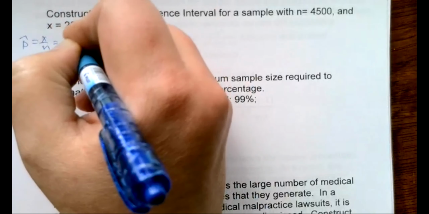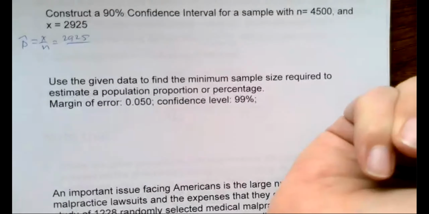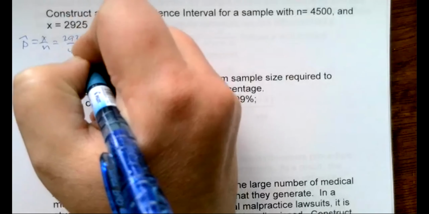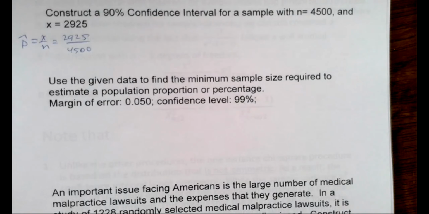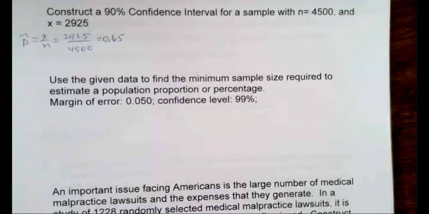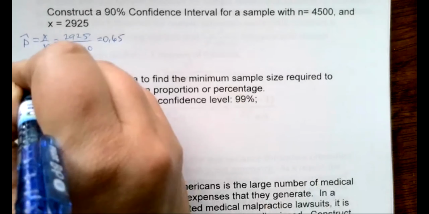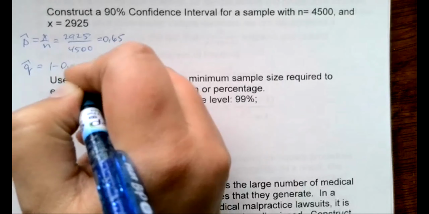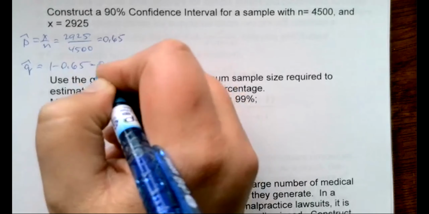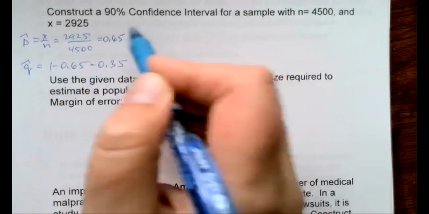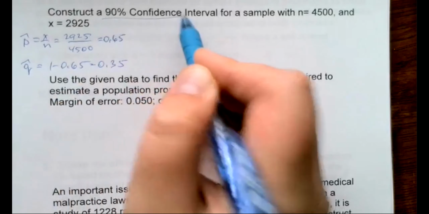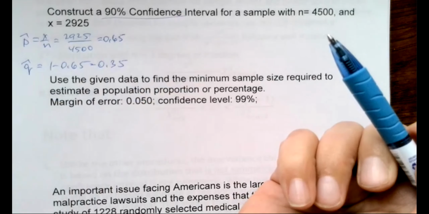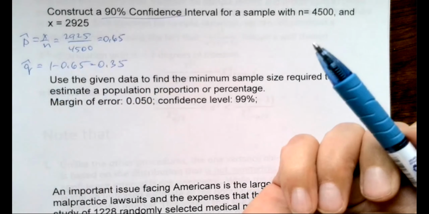So that's going to be 2925 over 4,500, and that equals 0.65, which gives us a q hat of 0.35.